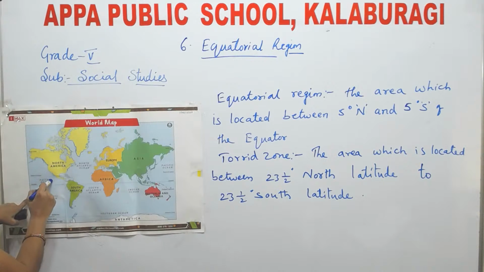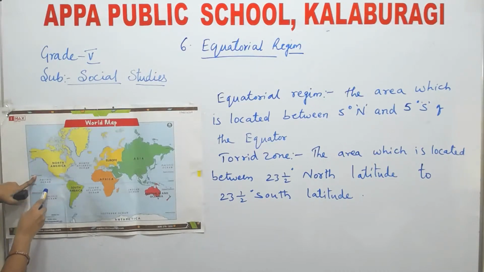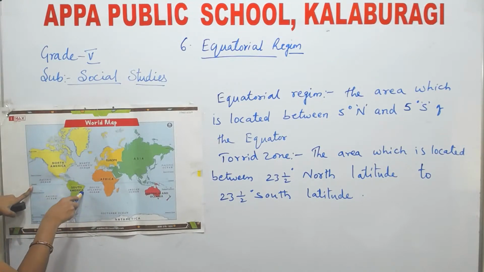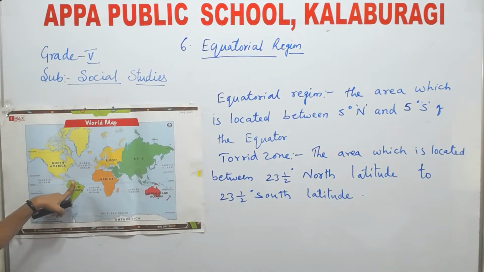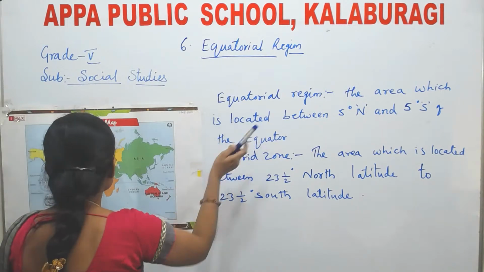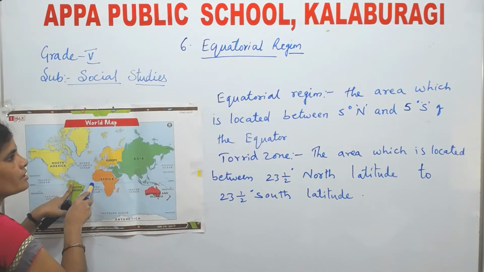The area located between 23.5° north latitude and 23.5° south latitude is called the torrid zone. The area located between the Tropic of Cancer and the Tropic of Capricorn is also called the torrid zone. Here the equatorial region is located in the torrid zone.